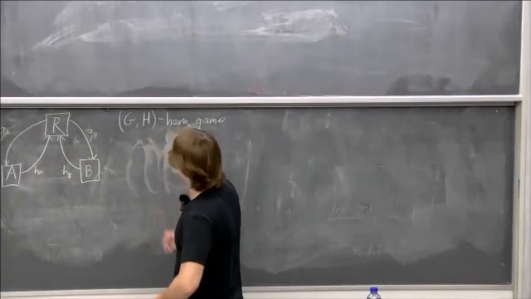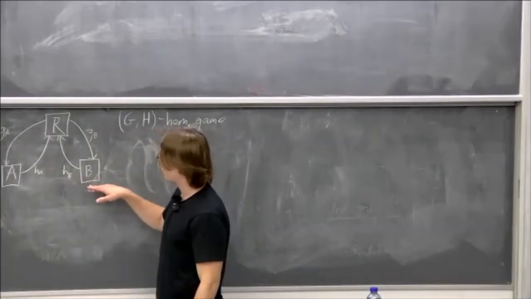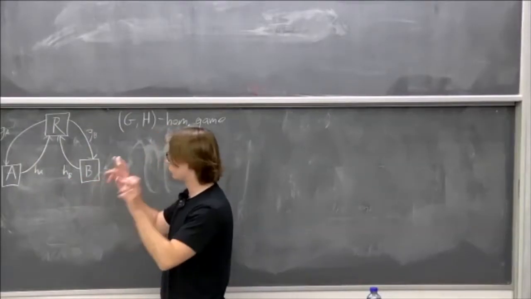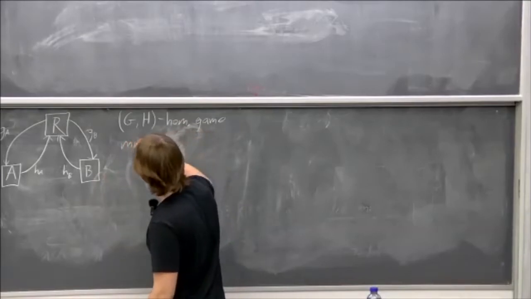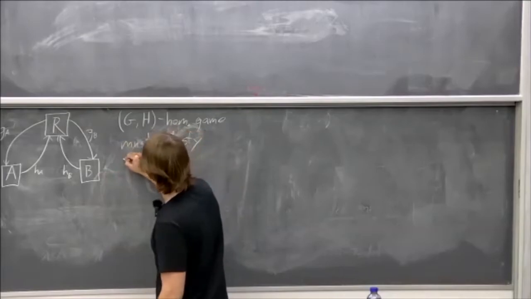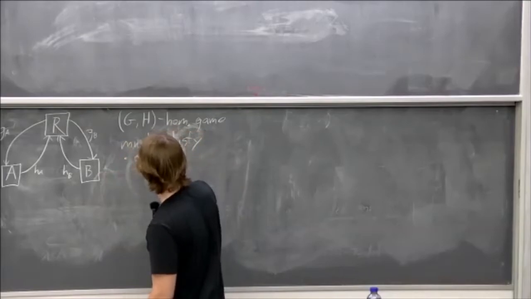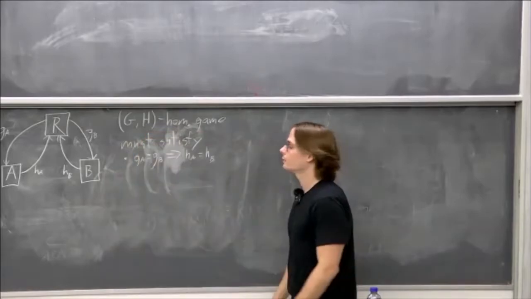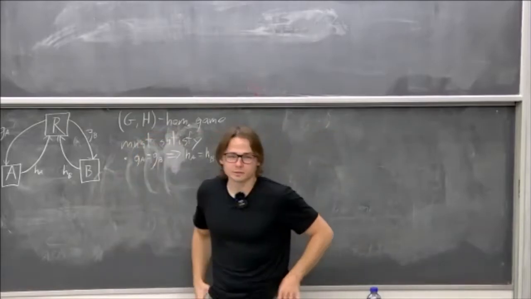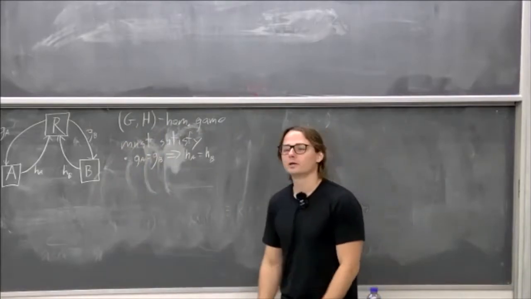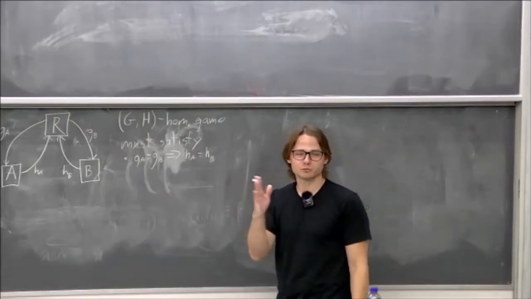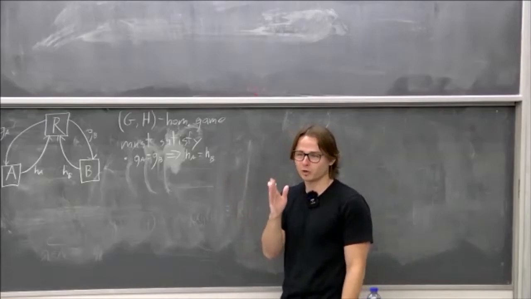Alice and Bob are cooperating, and they want to win. What does it mean to win? It means that they need to satisfy two conditions. The first one is a consistency condition: if they're given the same vertex, they must respond with the same vertex. You can think of this like the vertical line test for functions from school: a function means that for every one input, you get one output.